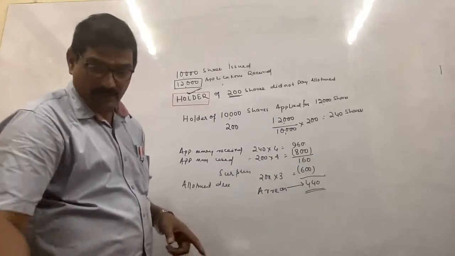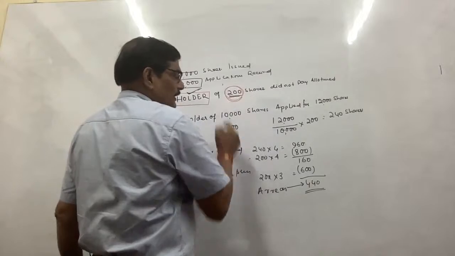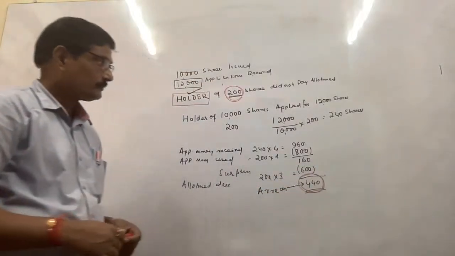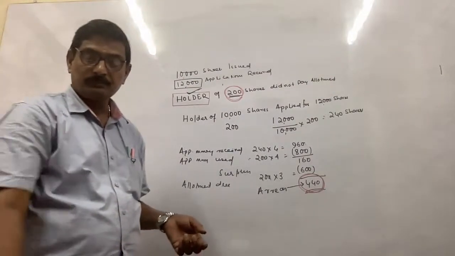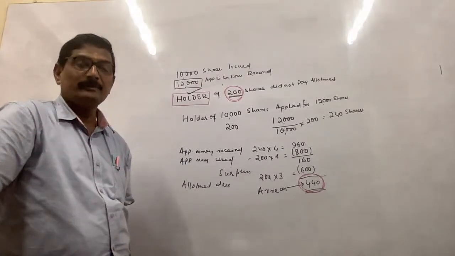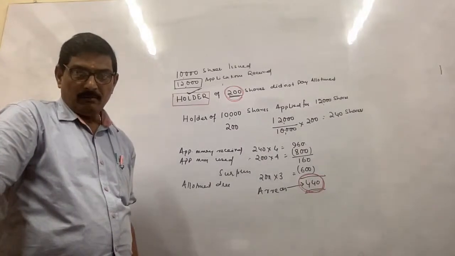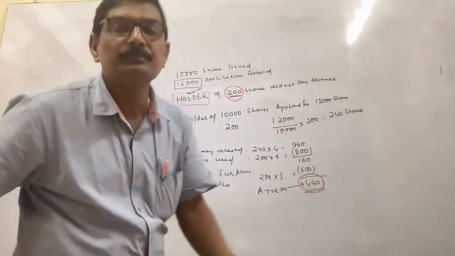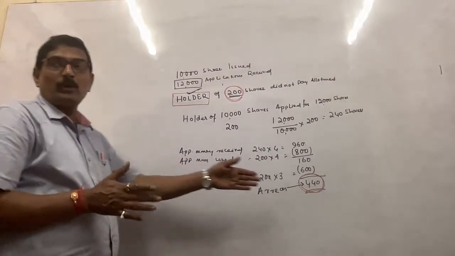But here, the holder of 200 shares, they are not paying the allotment money. So the entry will be for allotment money received. The entry will be bank account debited, 22,000 minus 440.